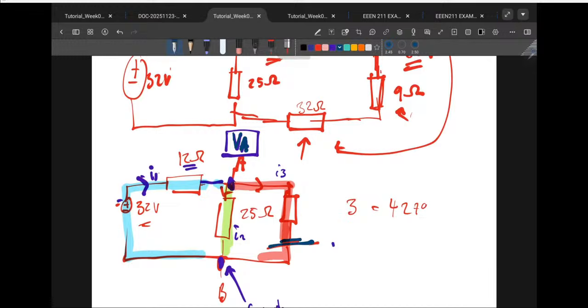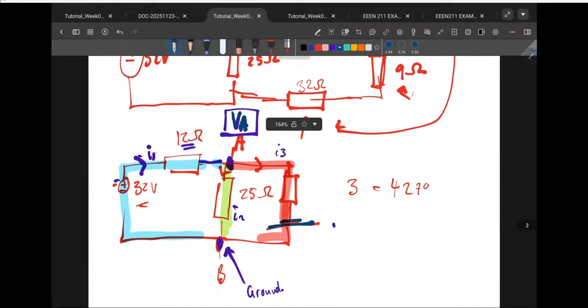So I would say I have VA, right? And if I now want to come from this at A to go to my ground at B, what do I do? It's going to be VA. Then I'm moving like this. Do I meet another source? That's always what I need to check. Okay?